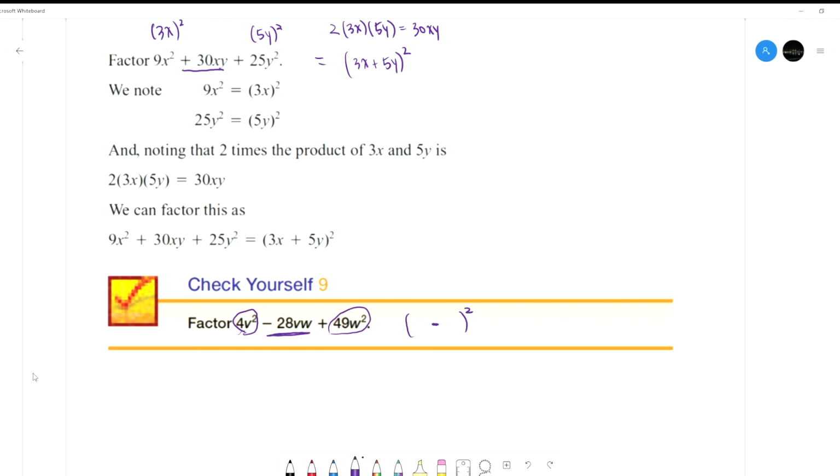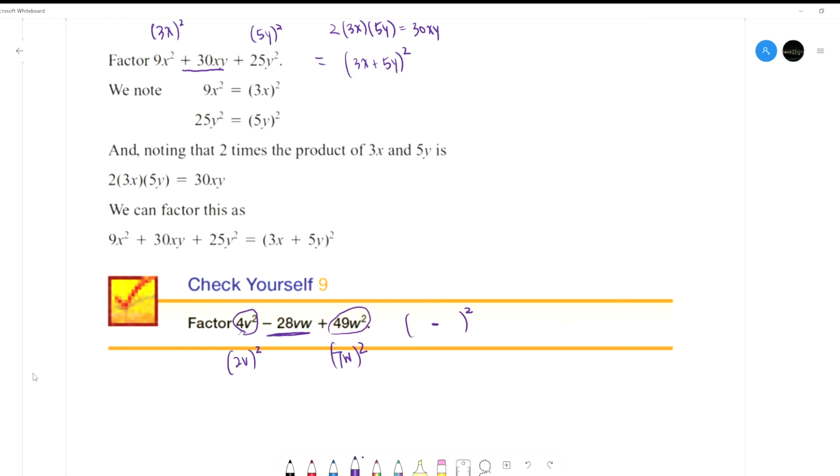Did you all get it? Okay, let's see here. The 4v squared, we know that's 2v squared. The 49w squared is 7w squared.